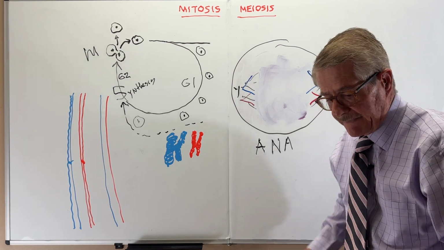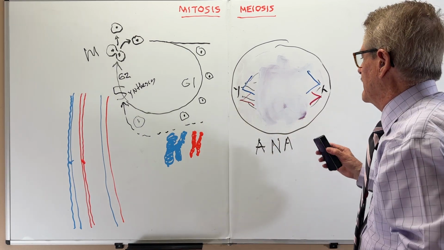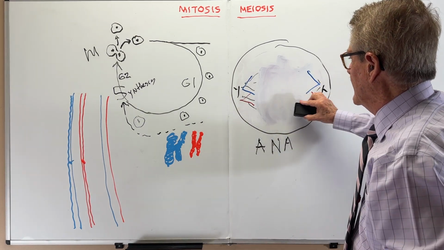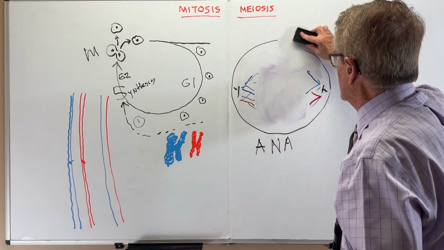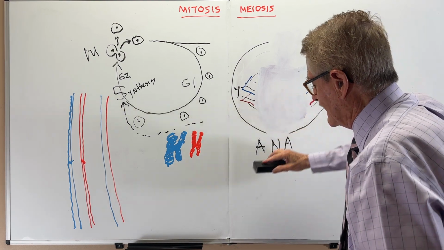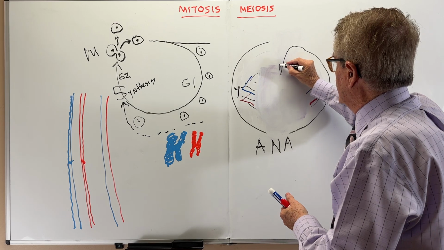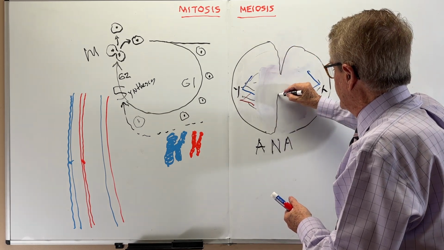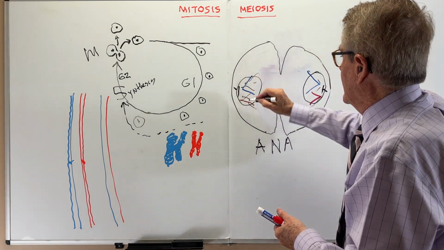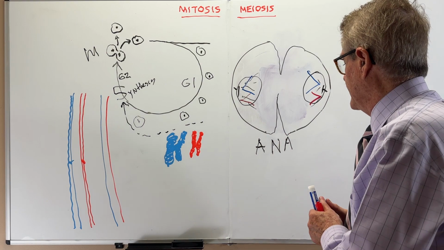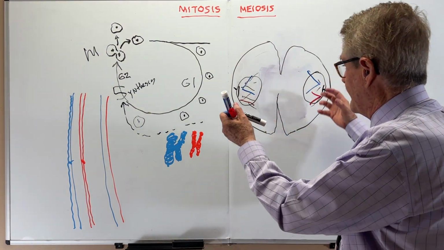Now, what is going to happen? The cell has already divided the genetic material on both sides, and the cell starts to undergo cytokinesis. The cell starts to divide, and the nucleus gets formed in each cell, and we have this stage of the telophase, which is the final stage.